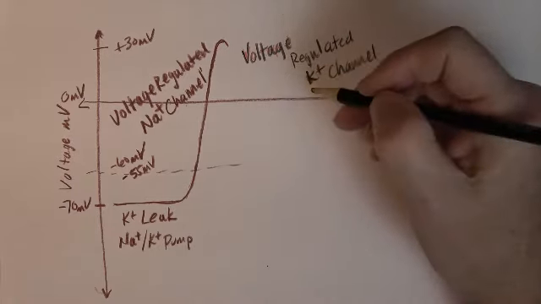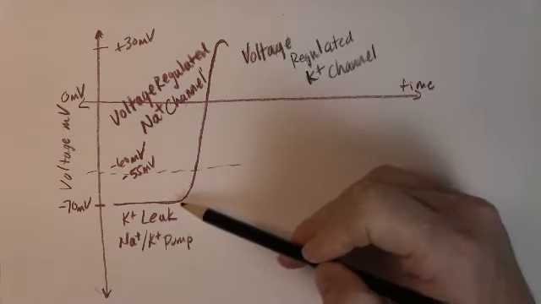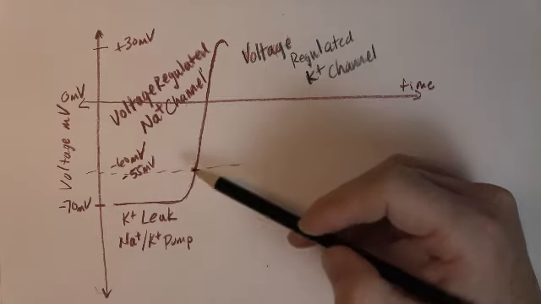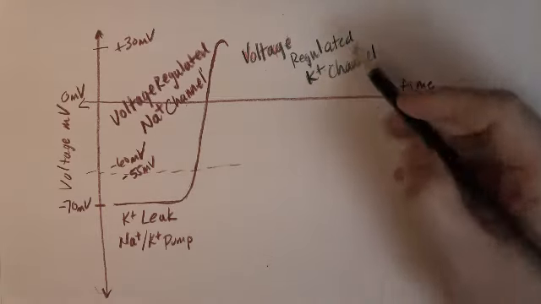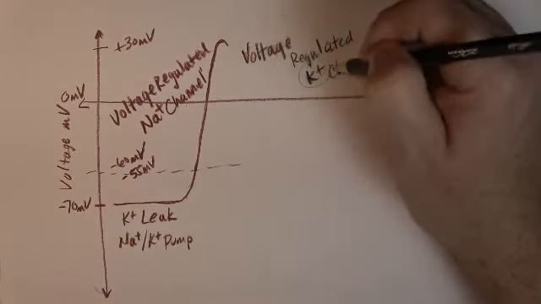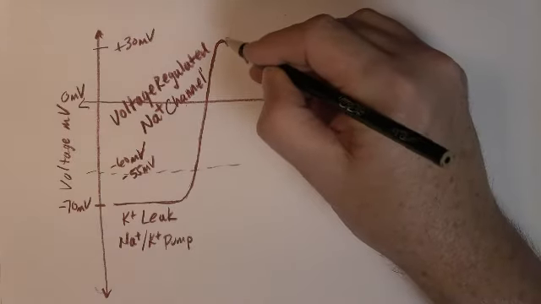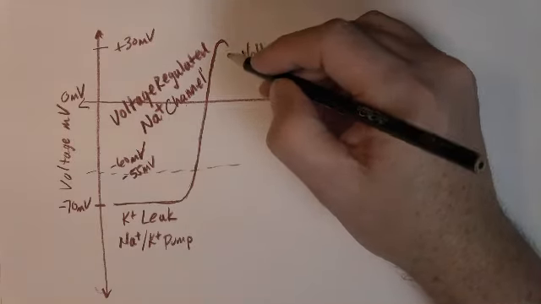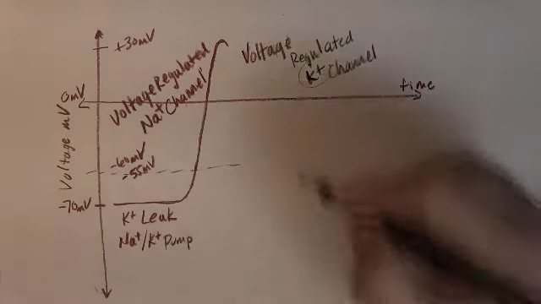So again, it's voltage regulated. The idea here is that when the electrochemical gradient, when the potential changes, it's going to cause this channel protein to open, and when it does, the potassium then rushes out. And if you'll remember, there was more potassium on the inside than there was on the outside, so diffusion is going to have it move out.